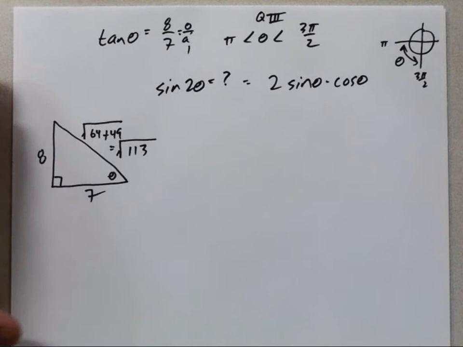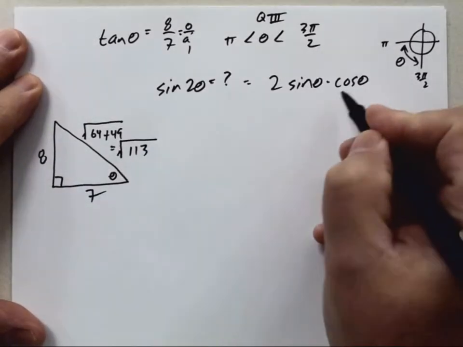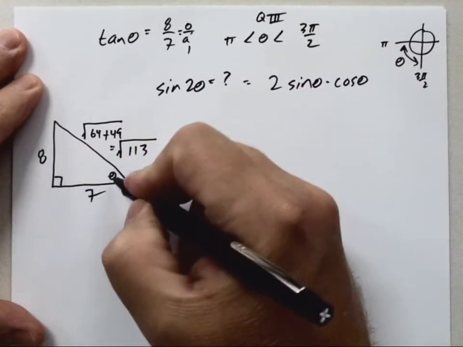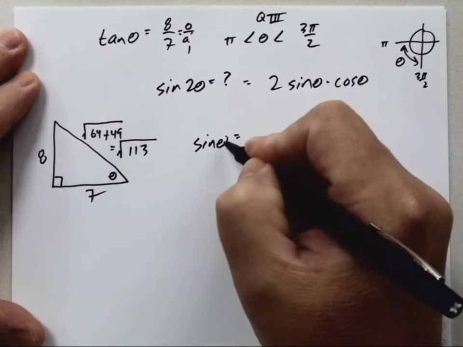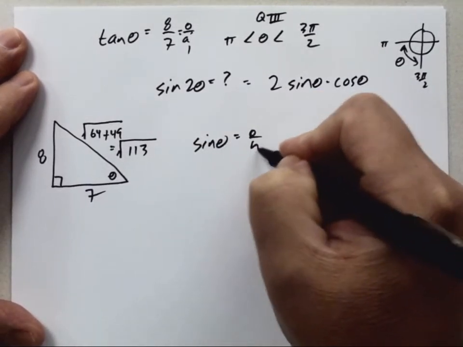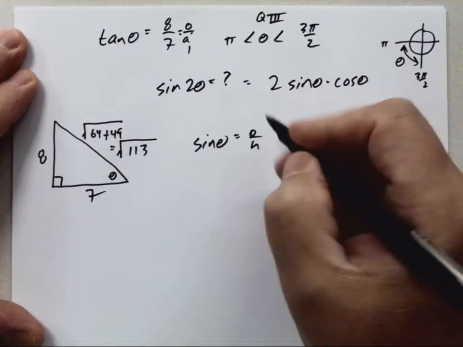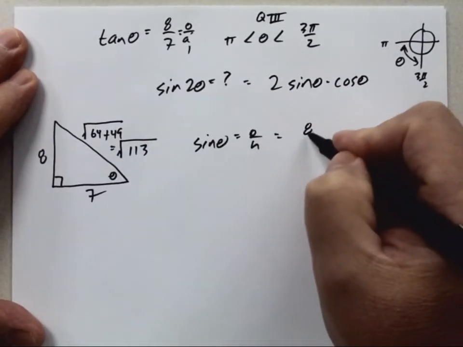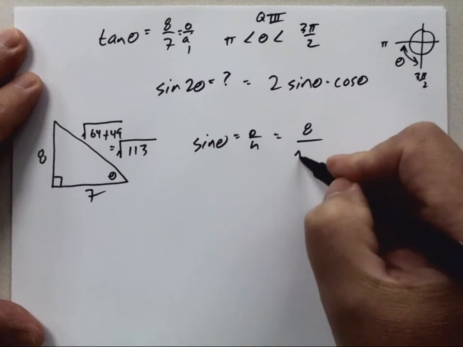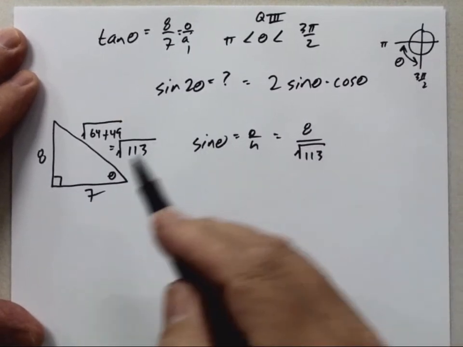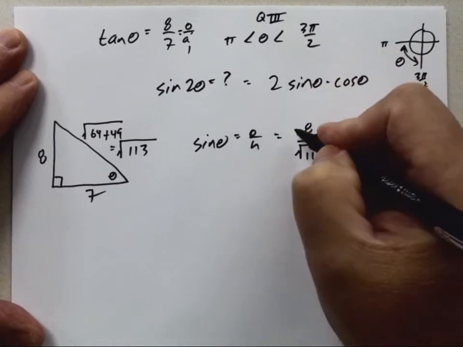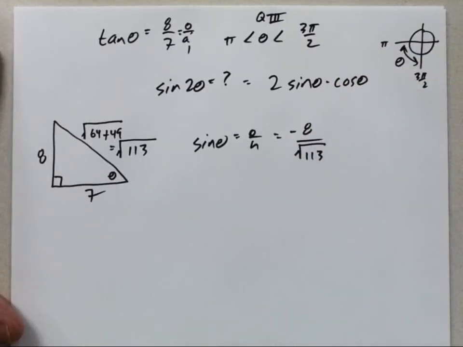So now, let's just figure out what sine and cosine are. So for this theta here, in terms of the number, sine is opposite over hypotenuse, right? 8 over square root of 113. But now, because I know I'm in quadrant 3, I have to make it negative.